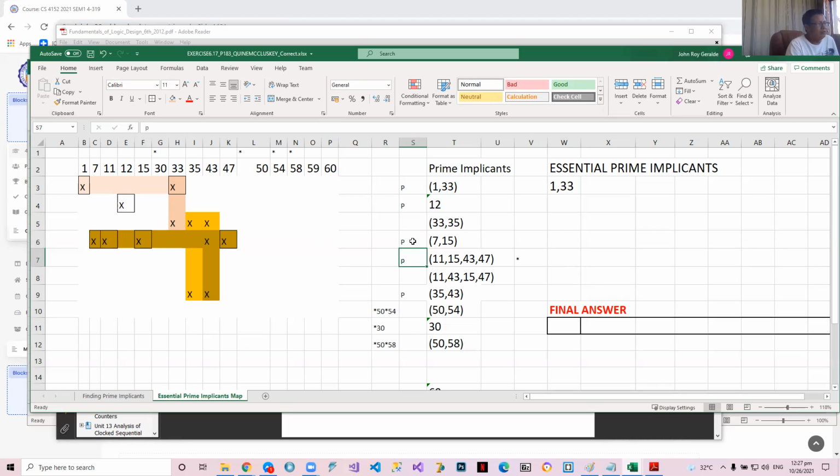Do you follow? 43 and 47 are covered. So 7, 15 na lang. Do you follow? Because if you consider this, now, if you consider this, what will it affect? Ito, but we already have 33, 35. So can we, but mas malaki kasi ang makover ng ano, no? Okay, 35, 43.